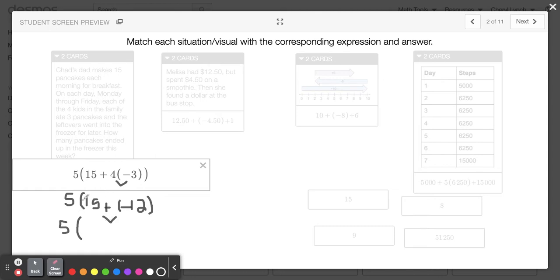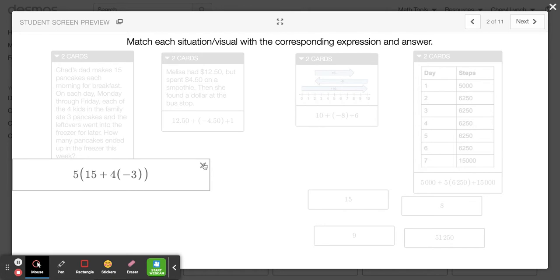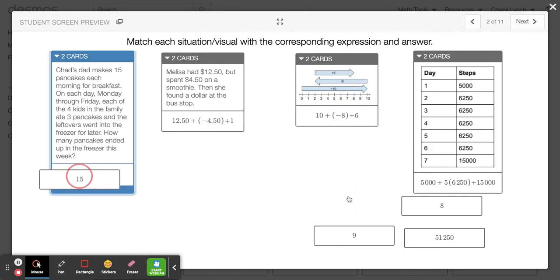So that gives me 15 plus negative 12, or 15 minus 12, would give me 3 extra pancakes each day. And then finally, 5 times 3 gives me 15 extra pancakes per week. So I know my solution to this one is 15. So I'm going to clear this and grab my 15 card and match that up.